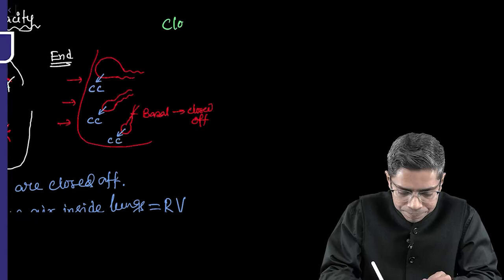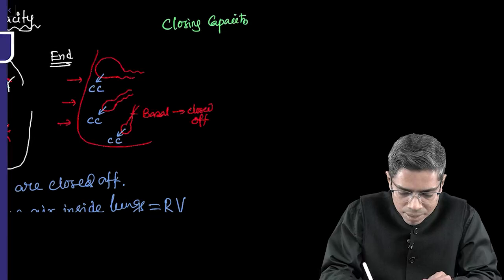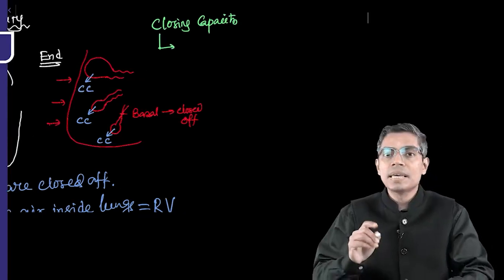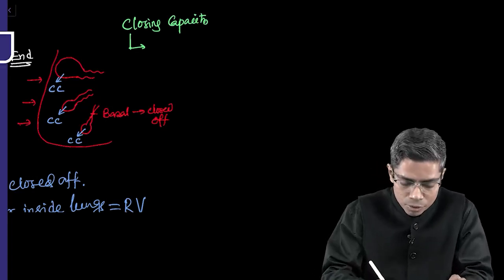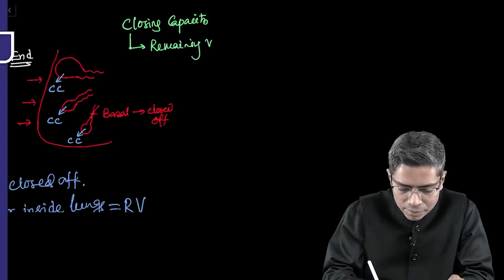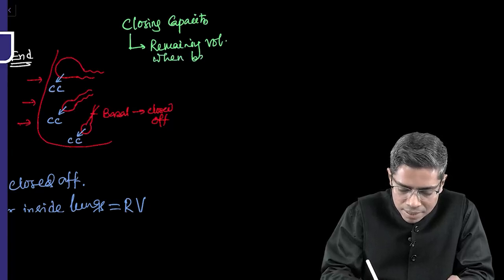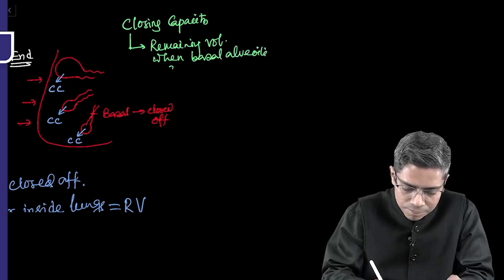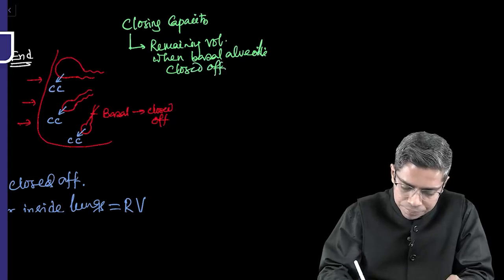So closing capacity is nothing but the remaining volume in the lung when the basal alveoli are closed off, right?